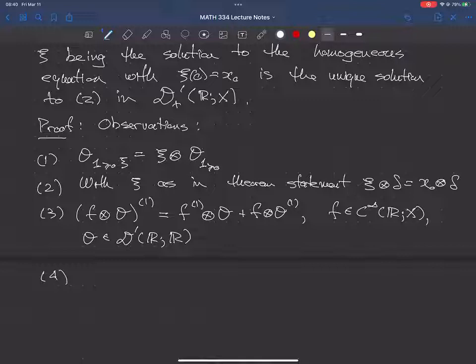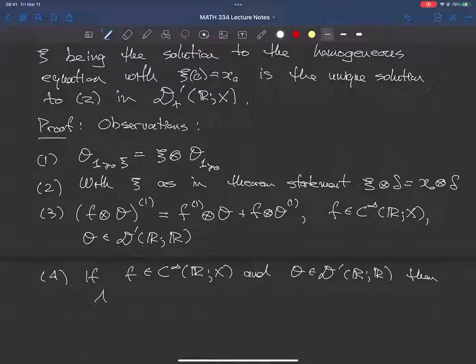Okay, and then finally, we have that, again, if you have a vector function and a scalar distribution, then A of this vector distribution is A of F with the scalar distribution.